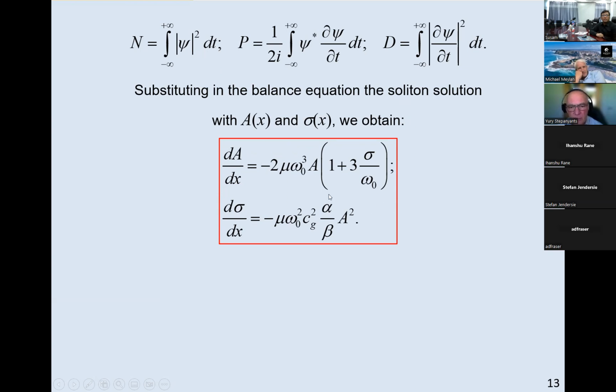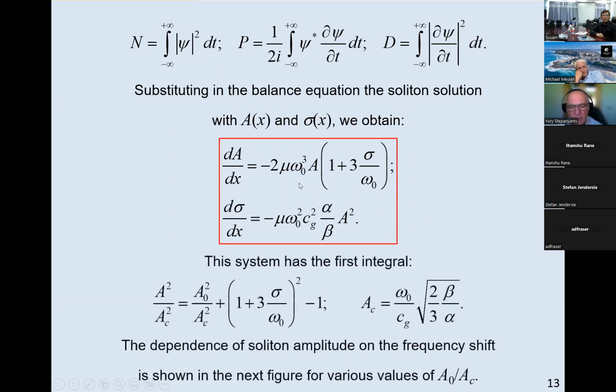First of all, we can obtain a first integral of this set of equations if we simply divide the first equation by the second, and then we obtain such a relationship between wave amplitude and frequency shift, where A_c is some critical value which depends on the parameters of the nonlinear Schrödinger equation and the central peak of the spectrum.